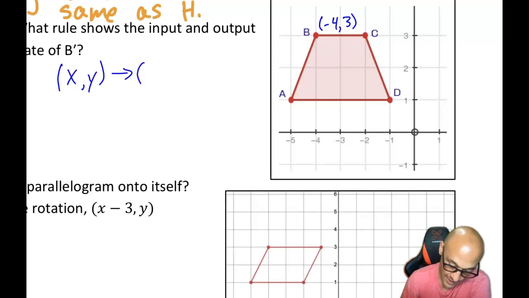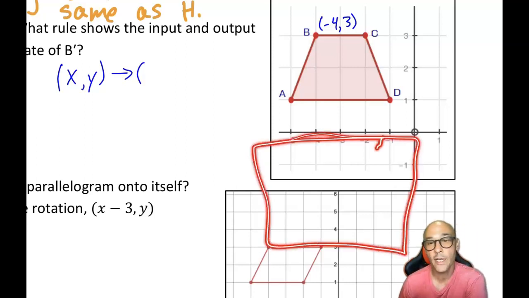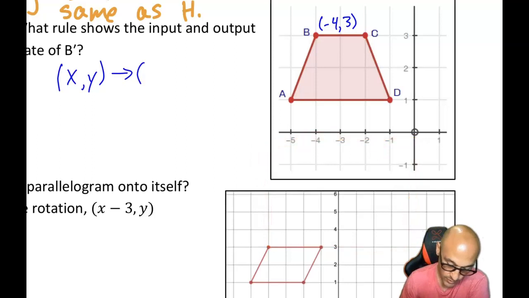And in this region, the x value and the y value are both negative. So -4, 3 will go to -3, -4.